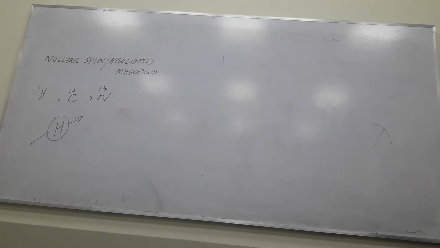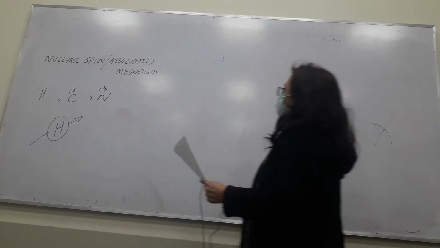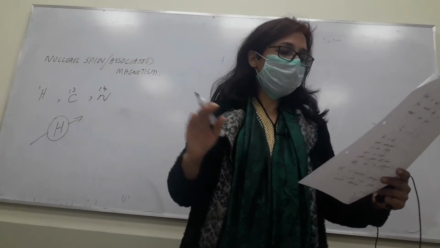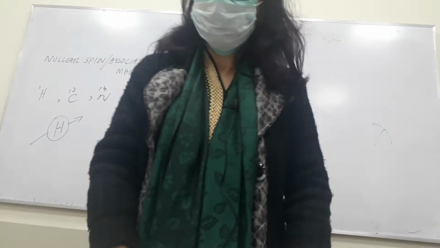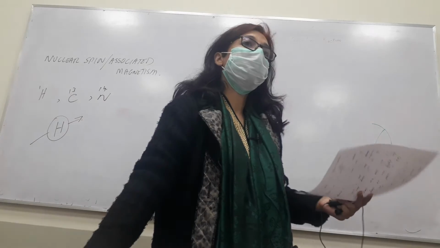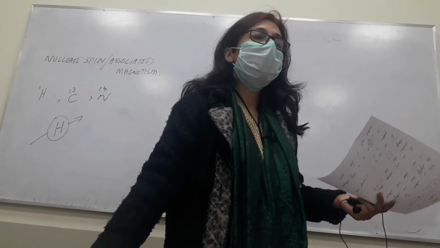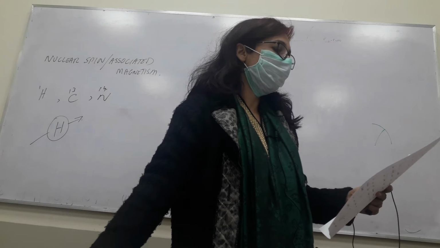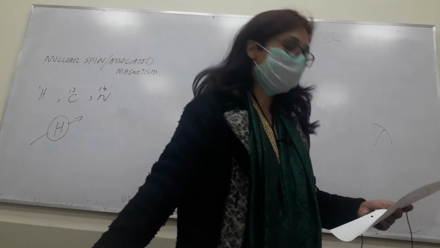So, the net spin is greater than 0 and it does not cancel, and we can have a resultant nuclear spin, and as a result of the nuclear spin we can have an associated magnetism. Another thing we are aware of is that whenever a charged particle moves, it can have a magnetic effect. It will create a magnetic field.